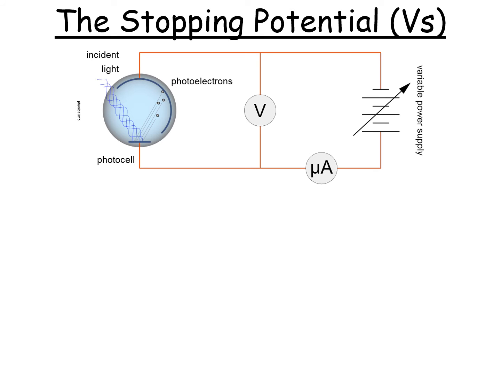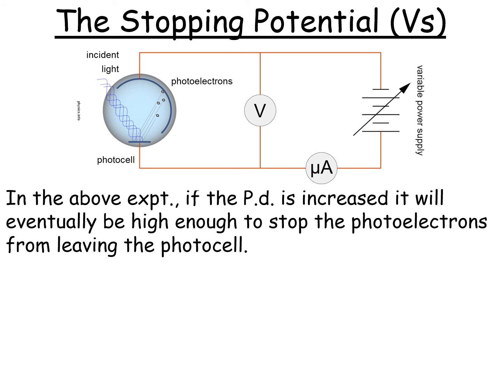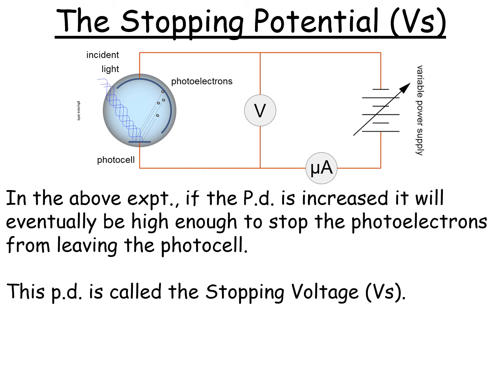And that's what we call the stopping potential. So to summarize, in the above experiment, if the potential difference is increased, it will eventually be high enough to stop the photoelectrons from leaving the photocell. This is called the stopping potential, and it means there will be no current read on this ammeter here.